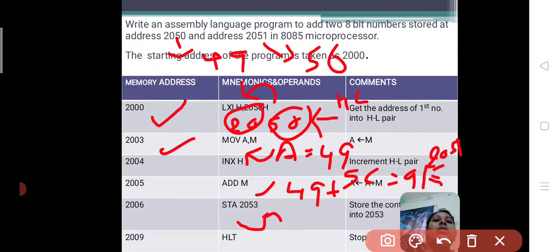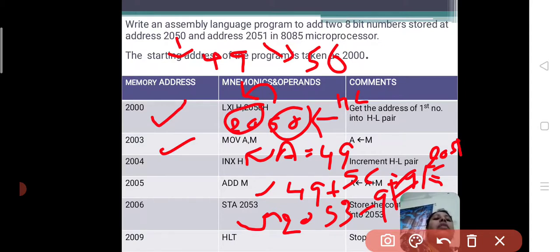My aim is to give two numbers, 49 and 56, at 2050 and 2051, but the output is stored into 2053. So STA 2053 means the result in the accumulator is directly stored into 2053. Now 2053 has 9F.